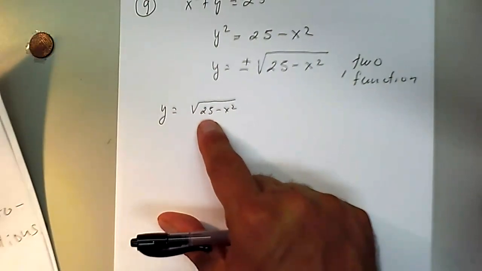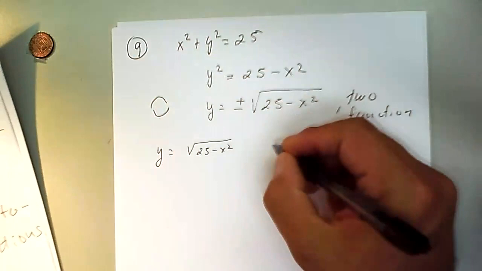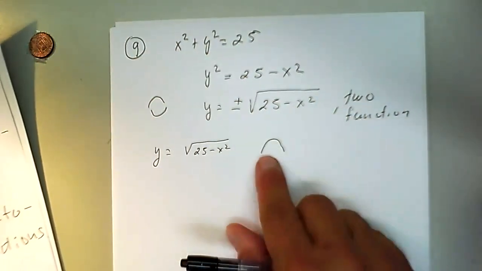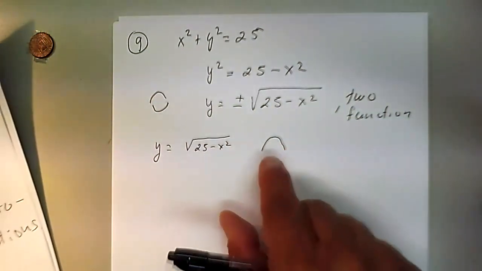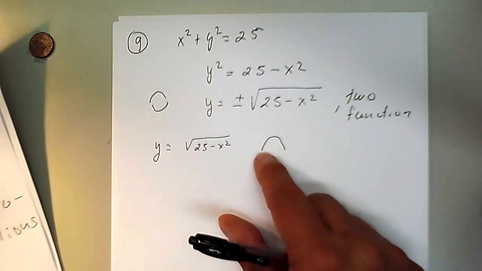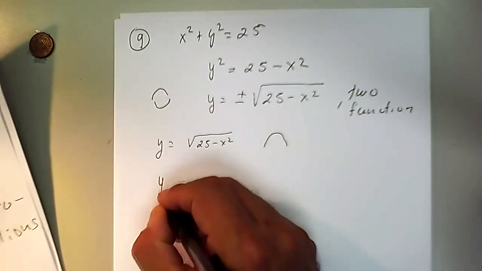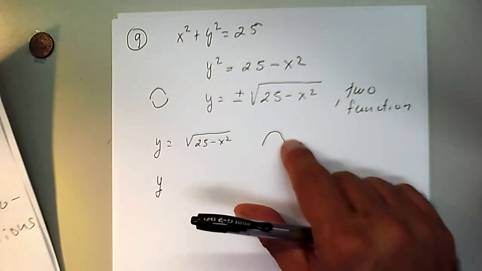So how do we change it? So we went from two to just one. So this is the half a circle, but even the half a circle is not good enough to be invertible. So what we do is restrict the domain. So the domain of this is all the numbers from -5 to 5.